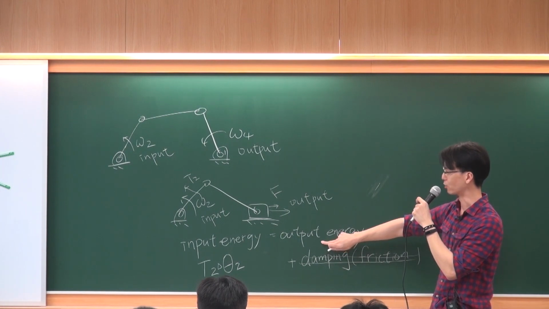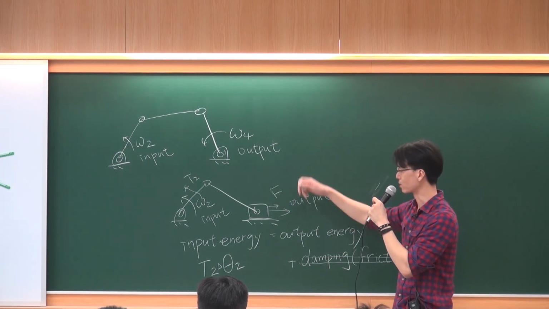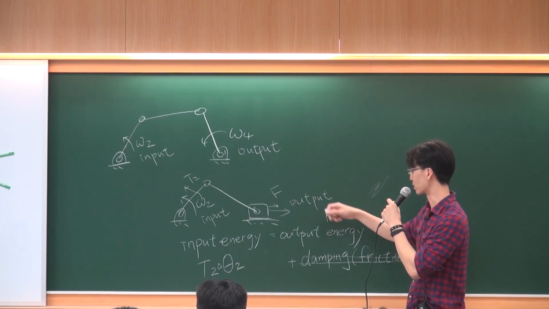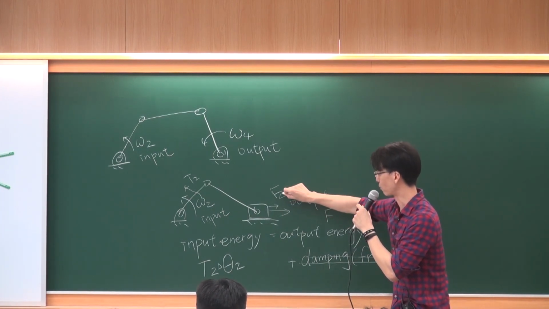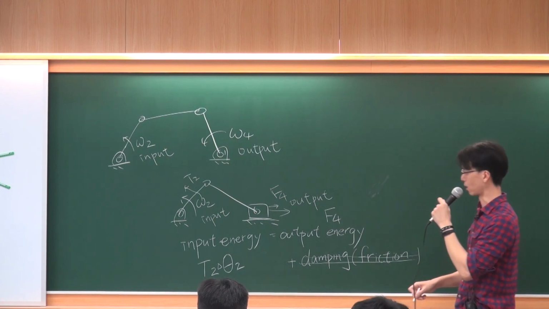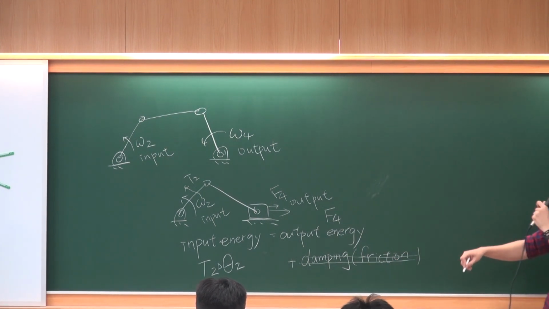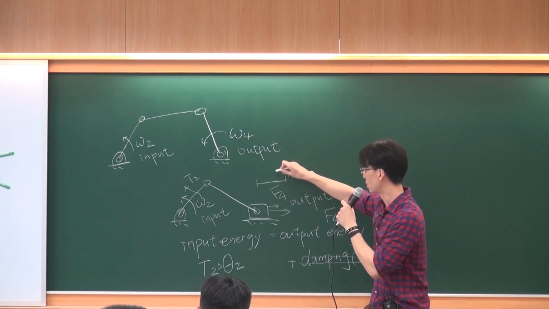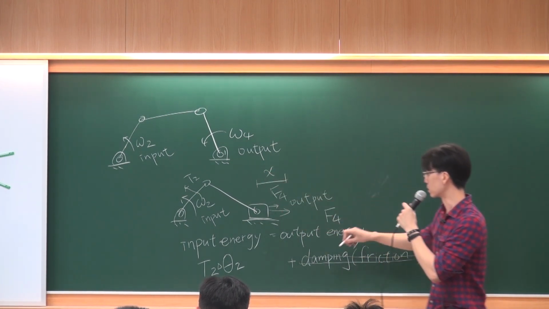How about the output energy? Right now, it's applying a certain force to an object. So the force is just F, we call it F4 because it's on link 4, times the displacement. Let's say the displacement is x.